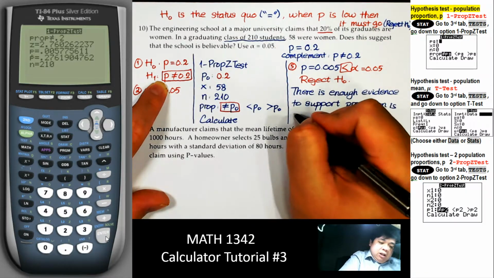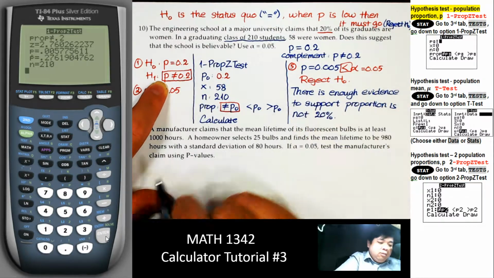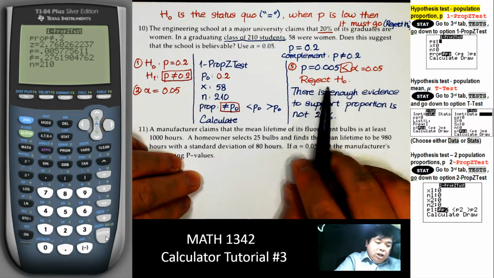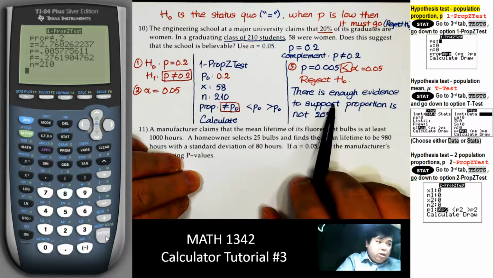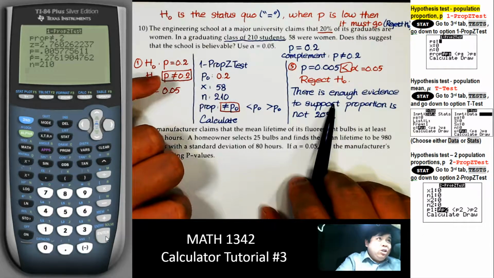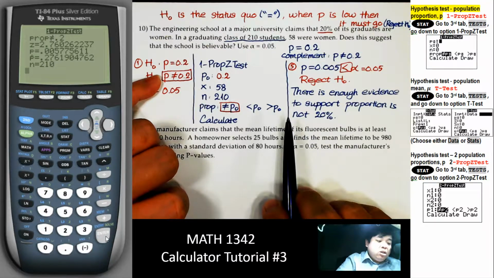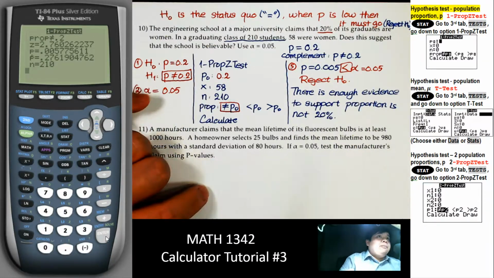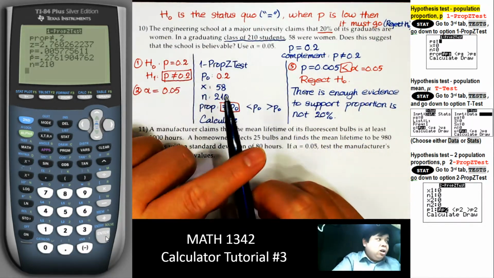And always, if it is rejected, we say there's enough evidence to support the alternative hypothesis, which is the proportion is not 20%. So, which means that the school's claim is not believable.